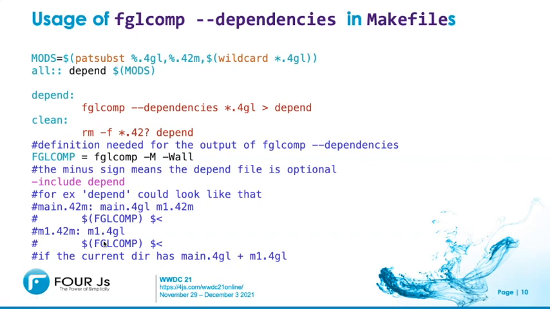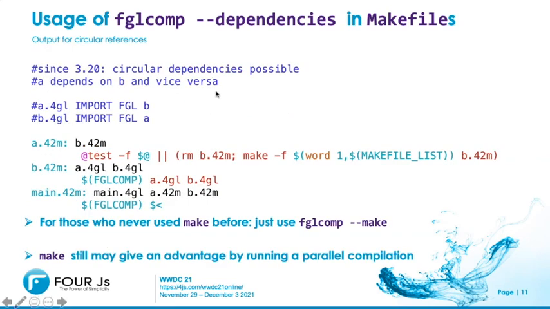And very handy is that since 3.20 you might have circular dependencies, and you are normally not able to express them in make, but the tool, fglcomp --dependencies, has found a very sleek rule to circumvent the circular dependencies somehow.